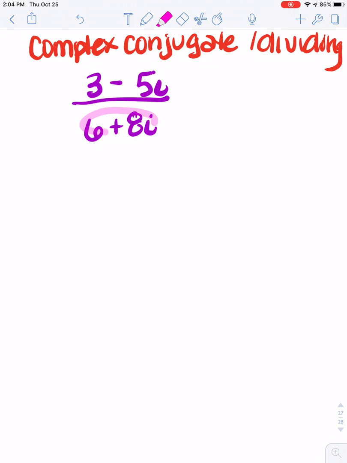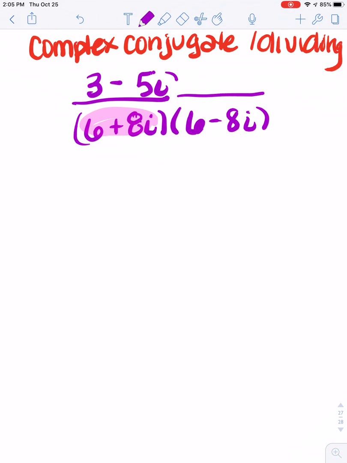So I have to focus on this down here. So if that down there is 6 plus 8i, then the complex conjugate is 6 minus 8i. Whatever I do to the bottom, I have to do the top. So basically I have two problems that I need to go through and be able to multiply.